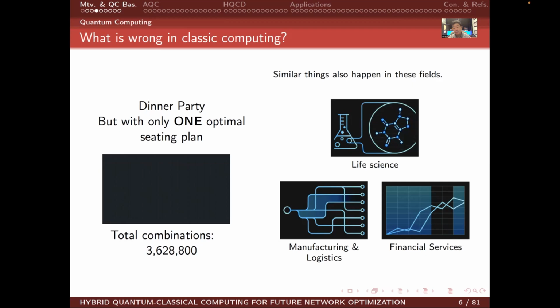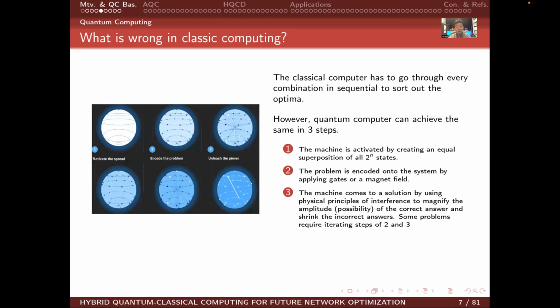And financial services, where there are so many stocks to invest in. All this computation needs a lot of combinatorial optimization, and classical computing can hardly handle these NP-hard problems when the dimension goes high.